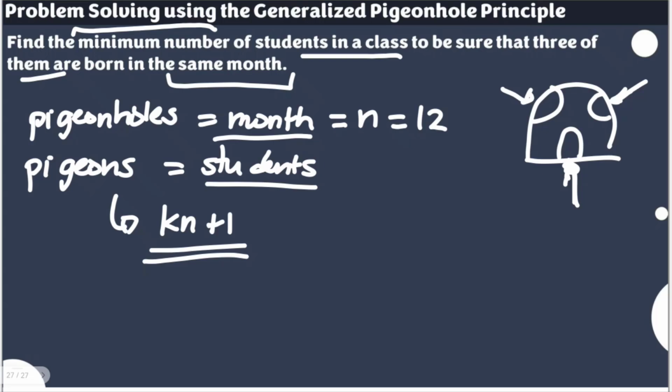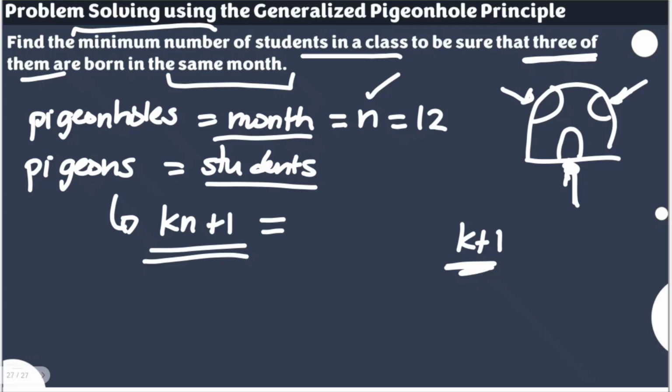So the question now is, how do we get our k? Because we have our n, but to get the number of pigeons, we need the k. K is indicated by this statement. Going back to the definition of the generalized pigeonhole principle, which you can look at in the previous video: if n is the number of pigeonholes, we have kn plus 1 pigeons, so that at least 1 of the pigeonholes will be occupied by k plus 1 pigeons.